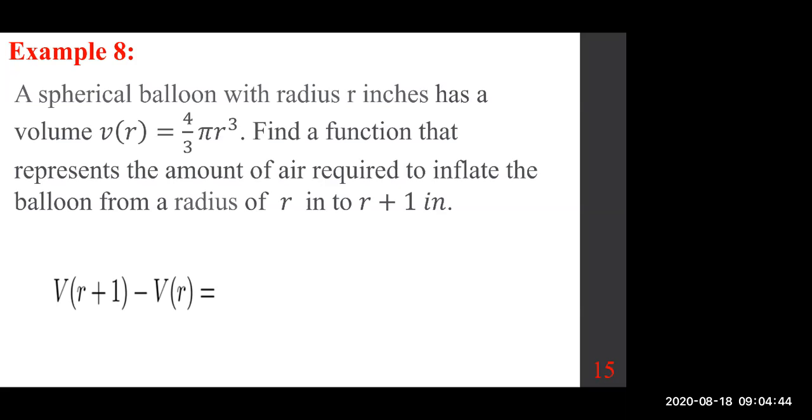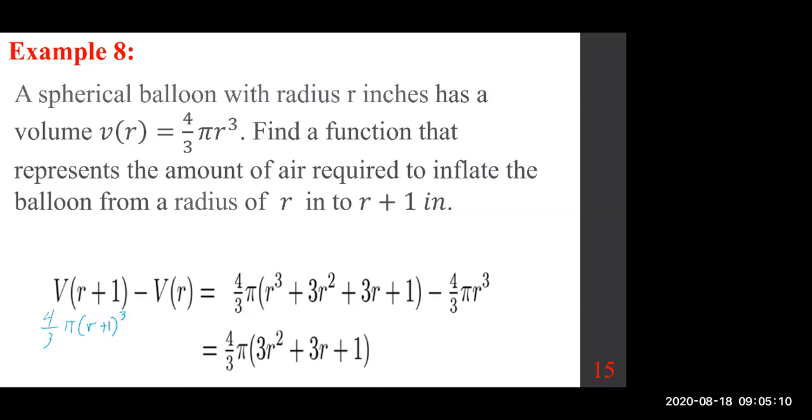And basically 4/3 pi times now r cubed, that means r plus 1 cubed. So this part would be 4/3 pi r plus 1 cubed. That's the idea, okay, class? And you do the math, you simplify, and that becomes your final answer.